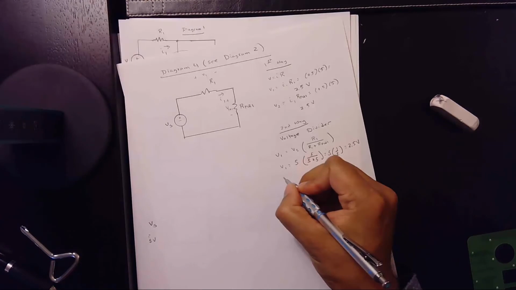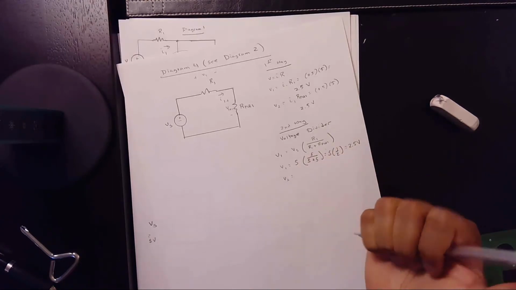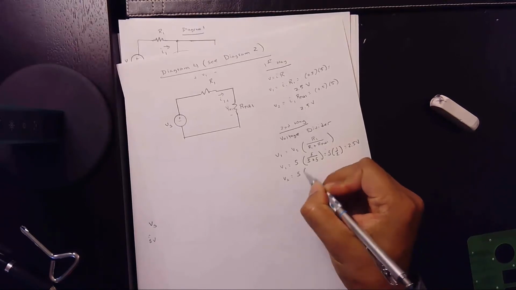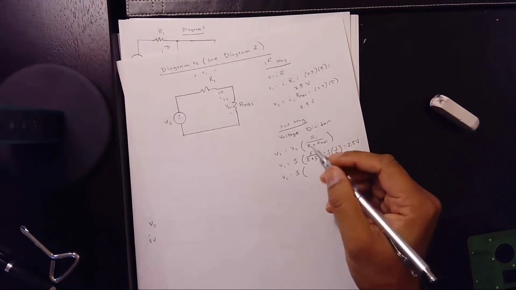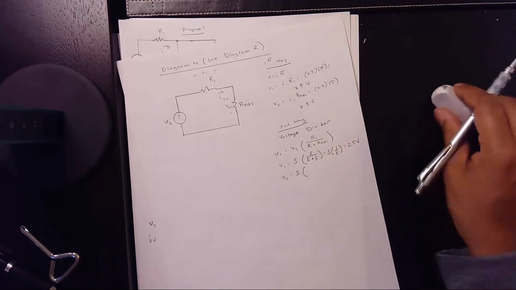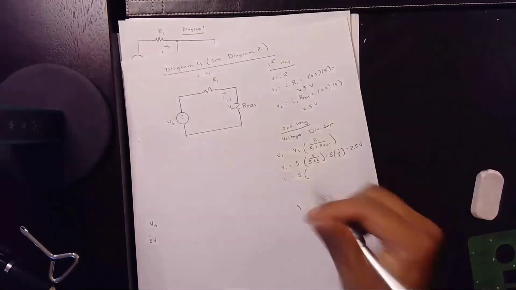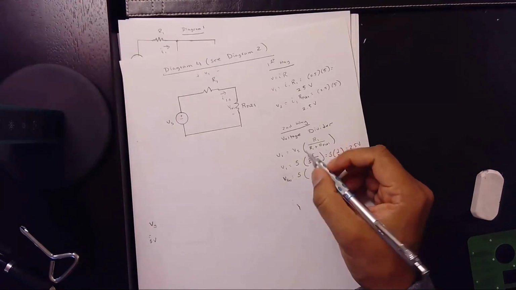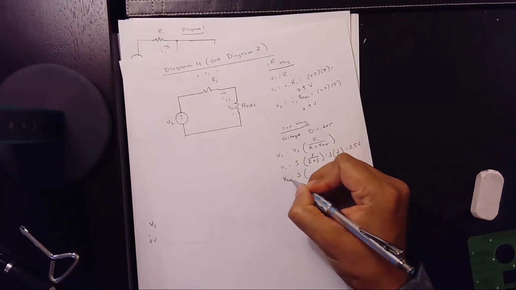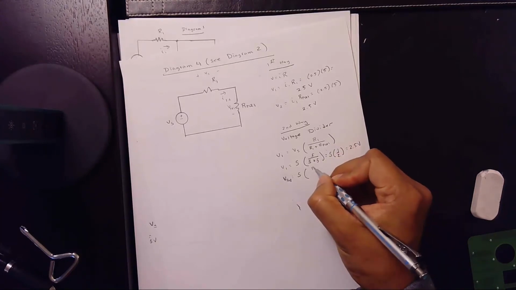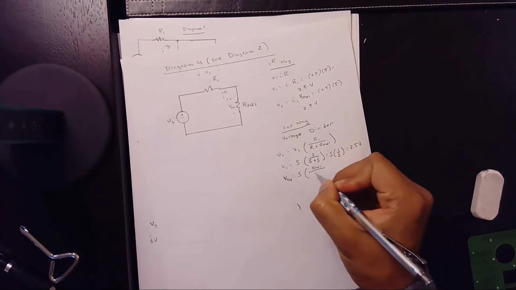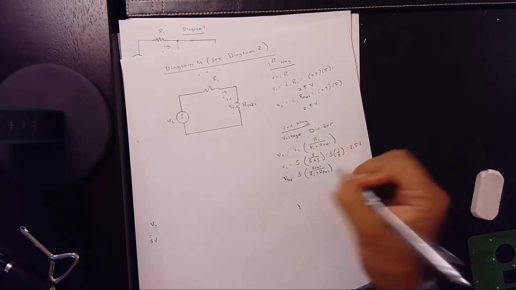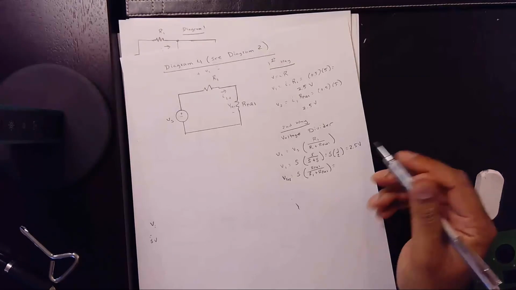Okay? V2 is 5... is REQ2, I'm sorry, VEQ2, right? We called it V2, but it's really VEQ2. I'm sorry, VEQ1, I apologize. VEQ1 is REQ1 over R1 plus REQ1, which is again equal to what?